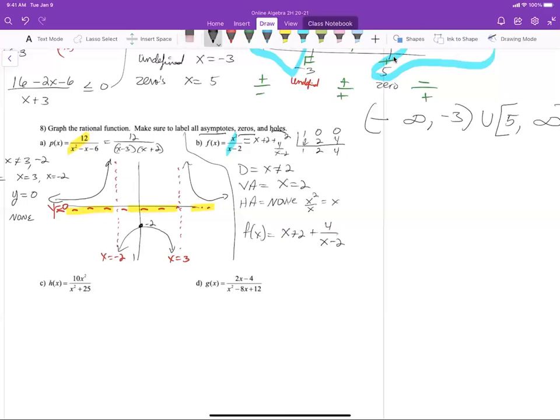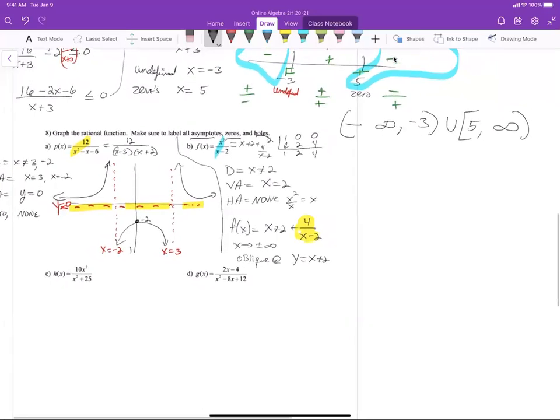Okay, so once again, we're trying to determine our oblique asymptote. As x heads to plus or minus infinity, what's happening to this remainder? It's getting smaller and smaller, and I'm getting closer and closer to that equation for a line. So I have an oblique asymptote at y equals x plus 2.